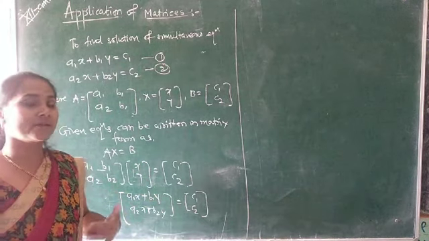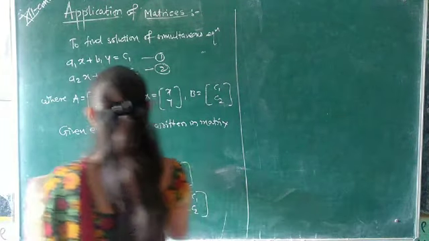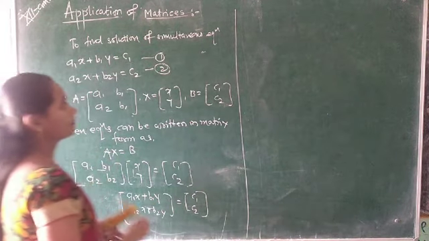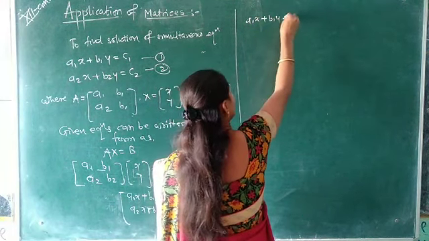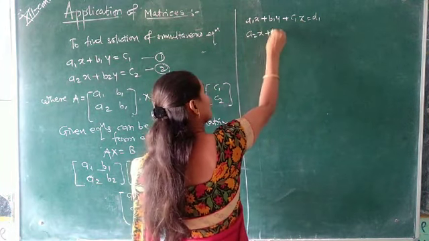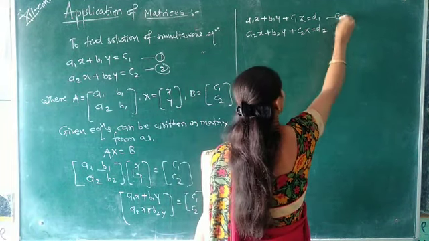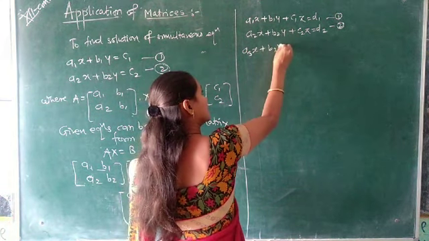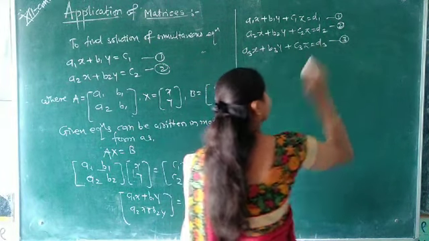Now if our equations are in three variables, we write them in the form AX is equal to B. If a1x plus b1y plus c1z is equal to d1, a2x plus b2y plus c2z is equal to d2, a3x plus b3y plus c3z is equal to d3, equation number 3.